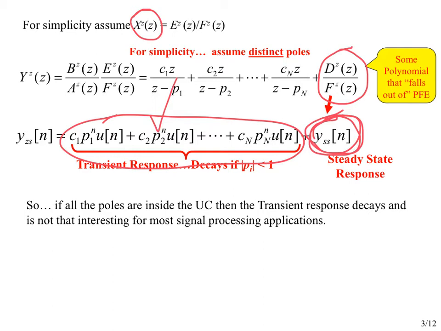So if you're trying to simulate a system that you're going to put some music through, and you want to see what comes out, you usually want to ignore the transient response because it can be misleading if you look at that without looking beyond the point where it starts to decay away.